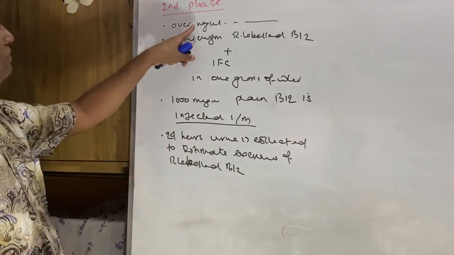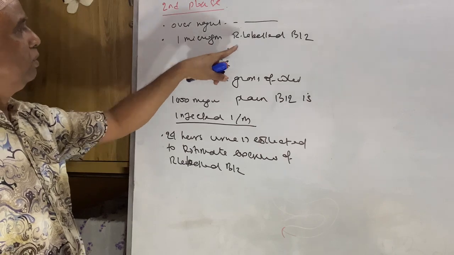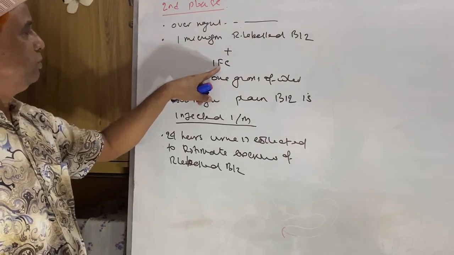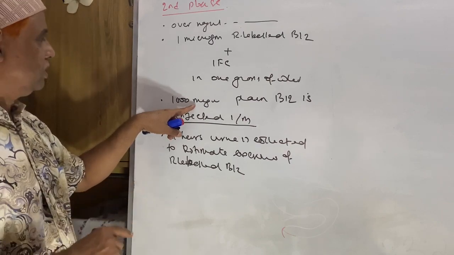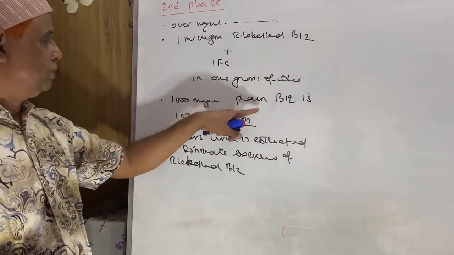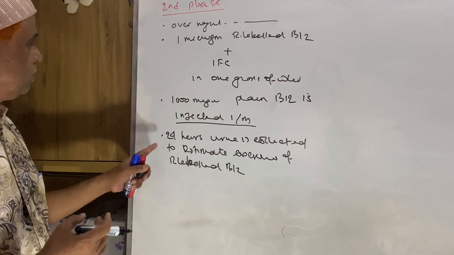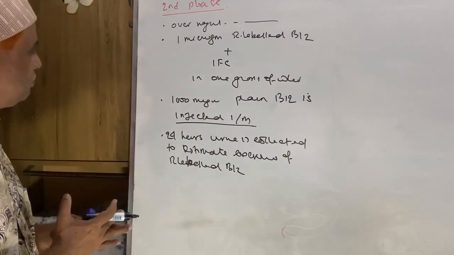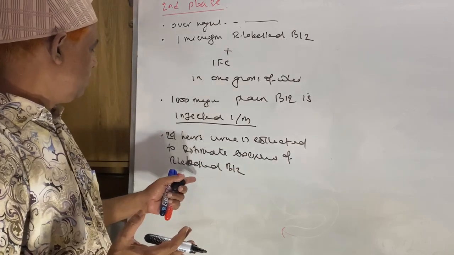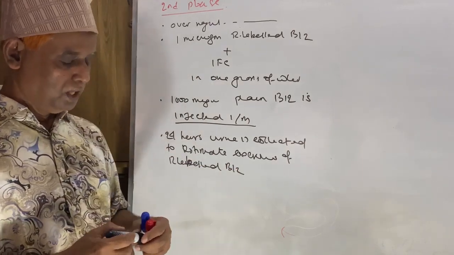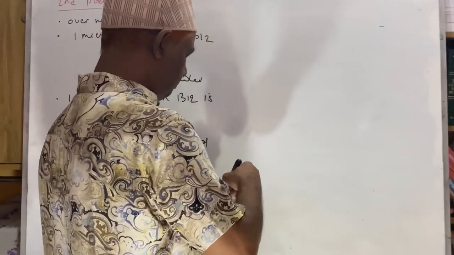So after overnight fasting, again 1 microgram radiolabeled vitamin B12 along with intrinsic factor of Castle is given orally. Then, like before, 1000 micrograms of plain vitamin B12 is injected intramuscularly. After 24 hours, urine is collected to estimate the radiolabeled vitamin B12. Now comes the interpretation.